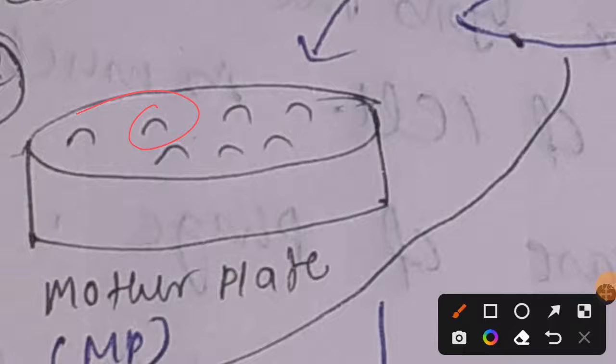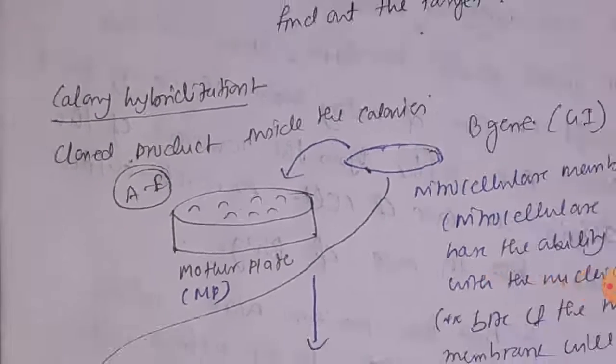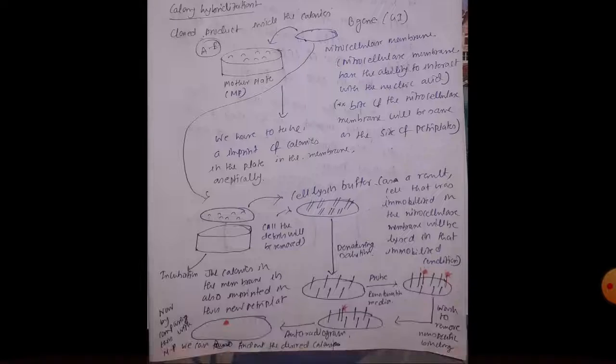Then by lysing those cells we can easily obtain our gene of interest. So that is the concept of colony hybridization. I recommend you watch this video again and again so that it will help you understand the entire concept.